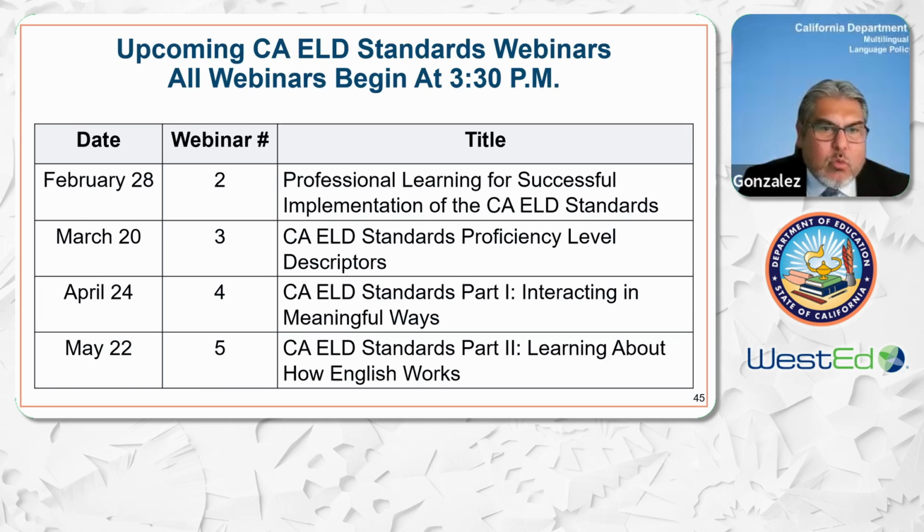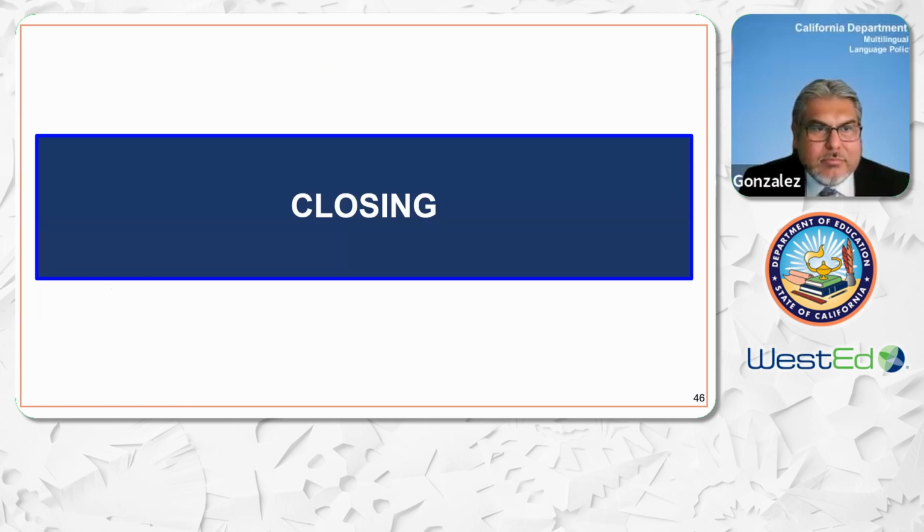And the fifth and last webinar in the series, at least for now, the California ELD Standards Part 2, Learning About How English Works, will take place on Wednesday, March 22nd, 2024. And we will post in the chat the registration link to each of the upcoming webinars. So make sure that you register for those future webinars.